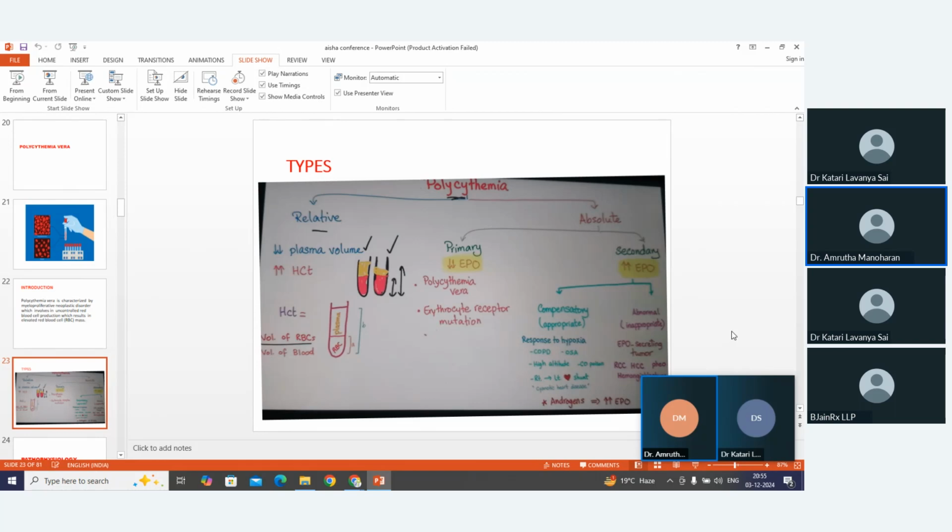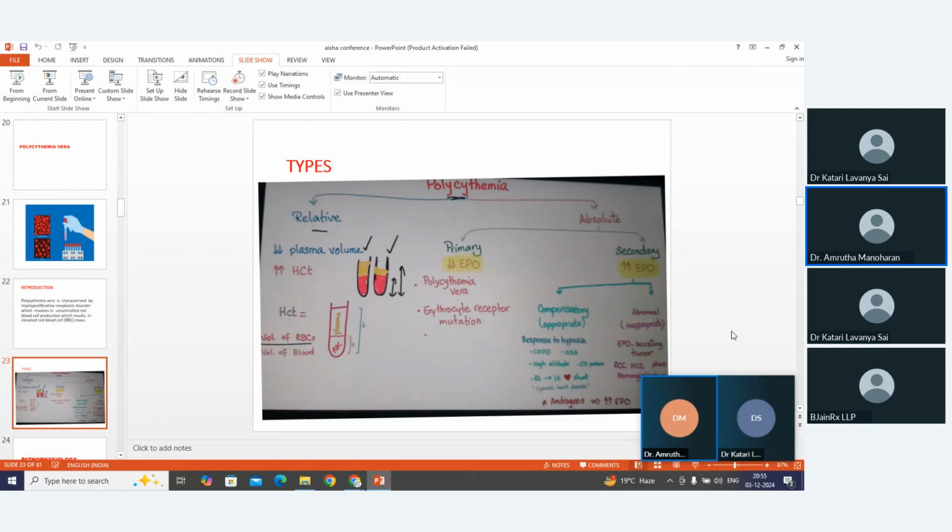In primary, there is an erythropoietin receptor mutation. In secondary, there are two mechanisms: the compensatory mechanism, which occurs due to decreased oxygen or increased carbon dioxide in the body, and abnormal tumor-secreting factors like renal cell carcinoma and hepatocellular carcinoma.